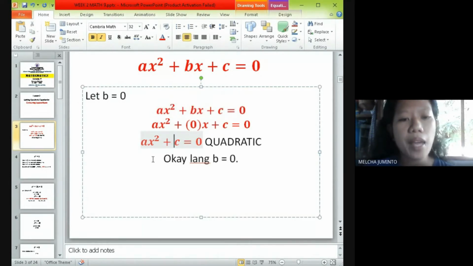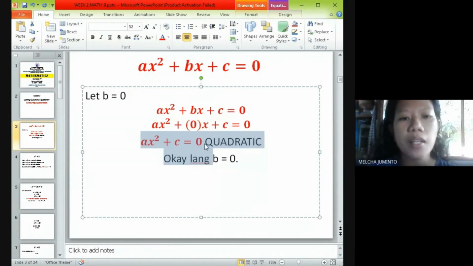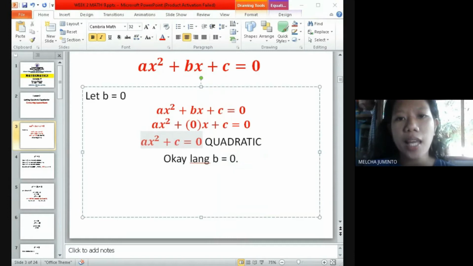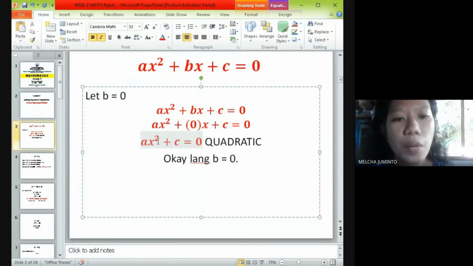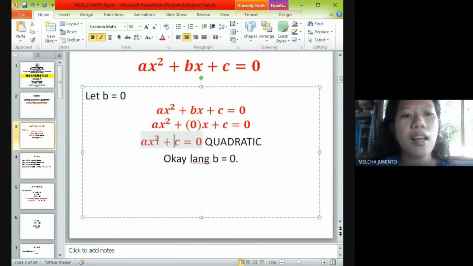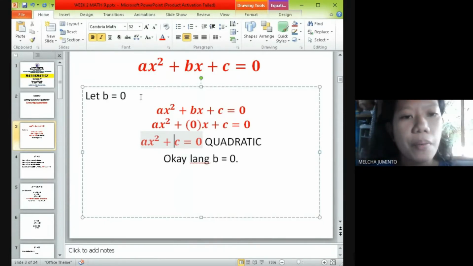Therefore, we will have the form ax squared plus c is equal to 0. The term containing x was omitted. But because the term containing x squared is still in the equation, we consider this equation as quadratic. So again, extracting the square roots will be used once b is 0.